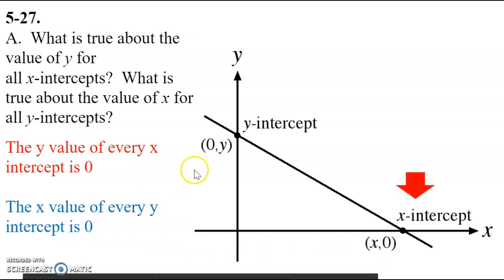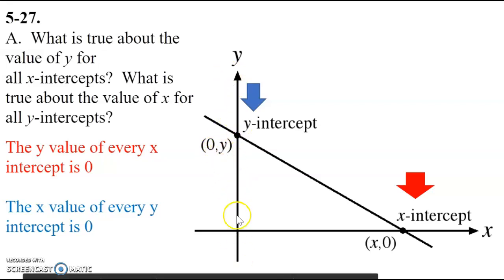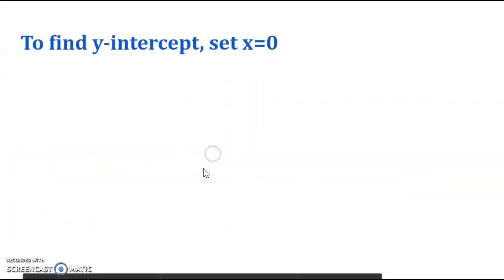And for the y-intercept, the x value of every y-intercept is 0. The x value, not the y value, x value of a y-intercept is always going to be 0. Okay, so y could be positive or y could be negative, it does not matter, but where it crosses, the x-coordinate is always going to be 0. So we are going to use that fact.